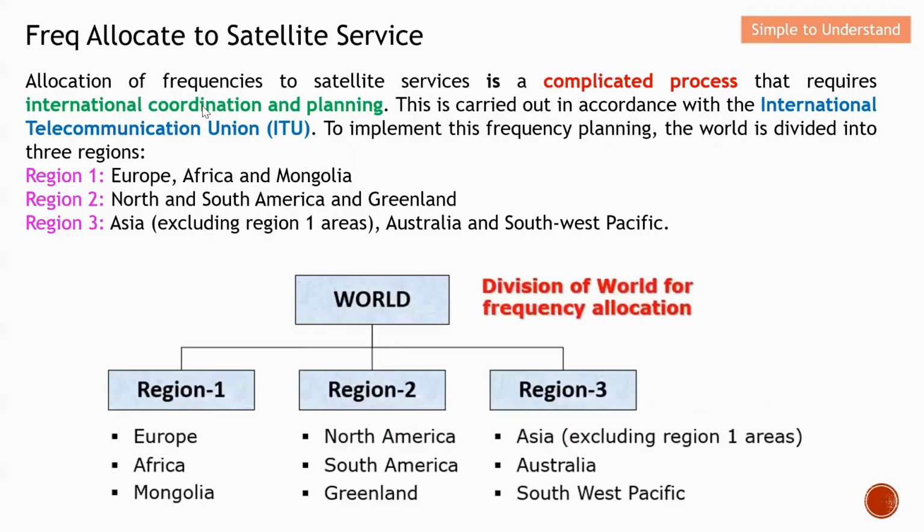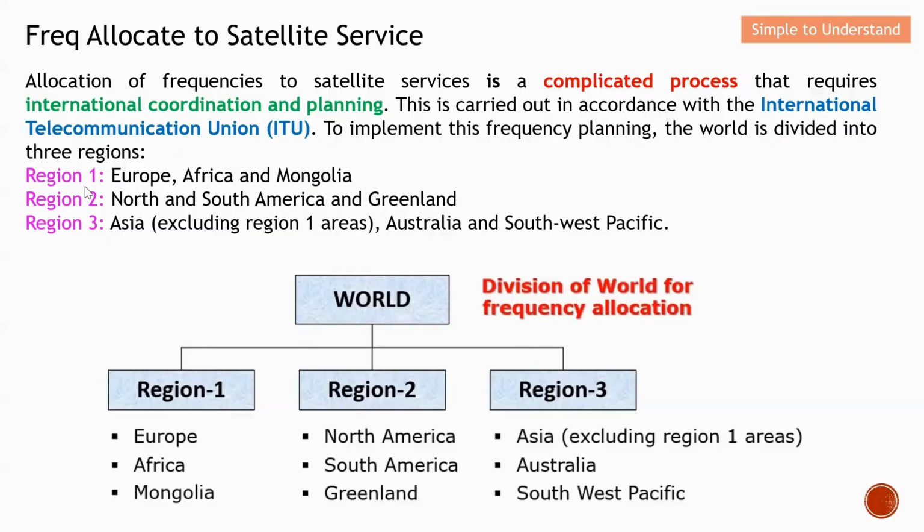Allocation of frequency to a satellite service, in fact, is a very complicated process that requires international coordination and planning. This is carried out in accordance with the ITU, International Telecommunication Union. In order to implement this frequency planning, the world is divided into 3 regions. Region 1, Region 2, and Region 3.